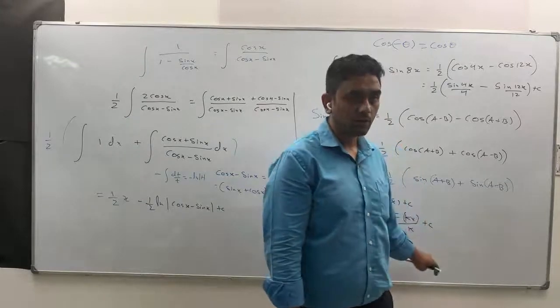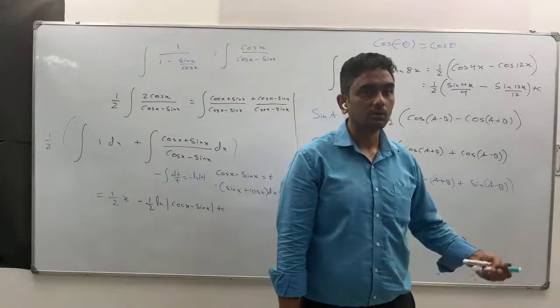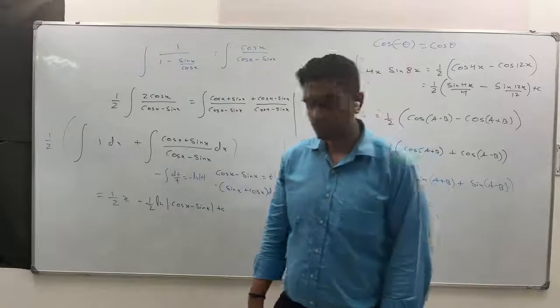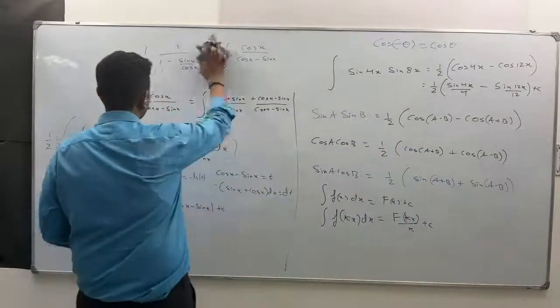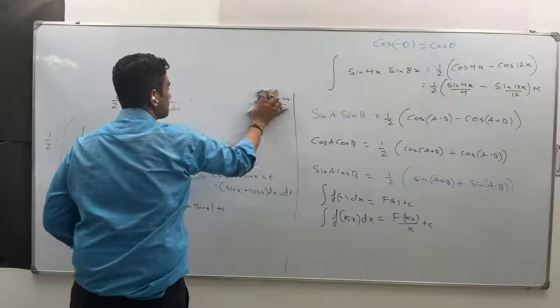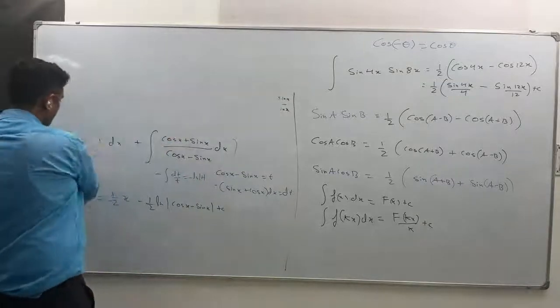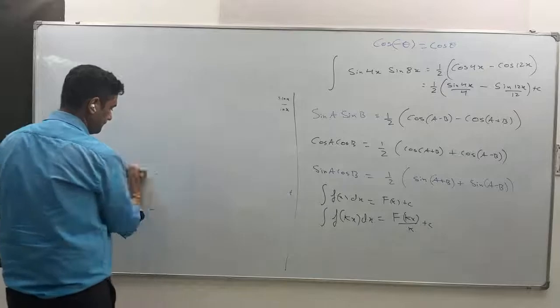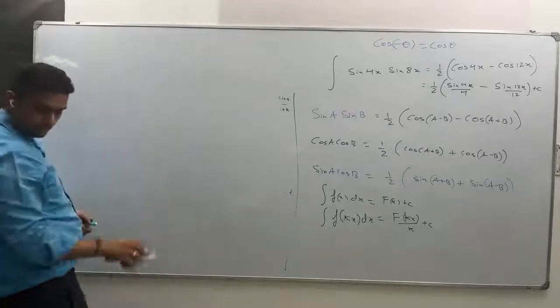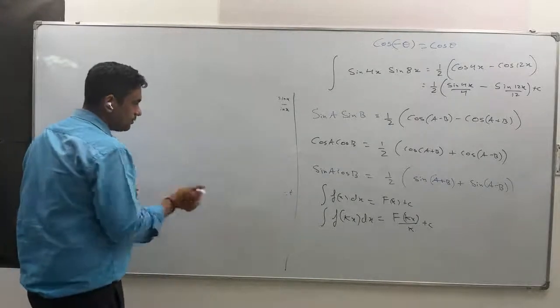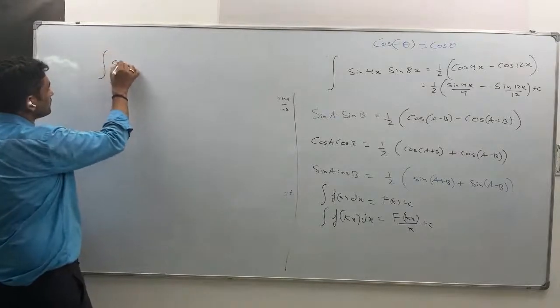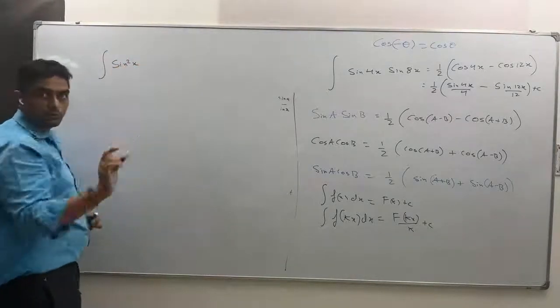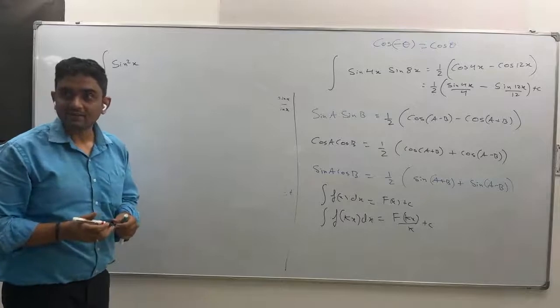So this is one set of formulas. I'll write the other set of formulas. When you get a square, what to do? For example, if you have the integral of sine square x, then what to do? Any guesses?